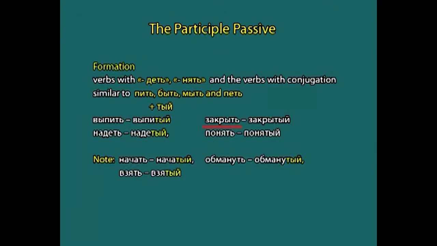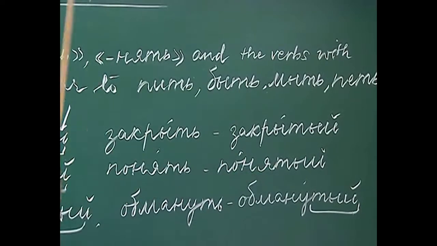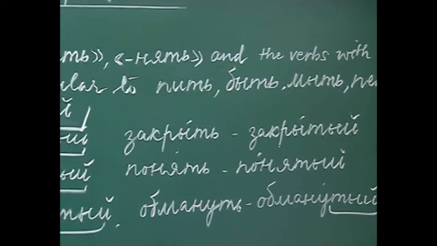Zakrit is to close. Zakriti. The next verb we have is najet. Najet is to put on. Najeti. Panyat, to understand. Poniti. So, this is the past participle passive.